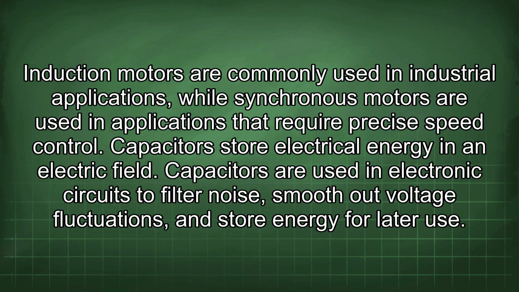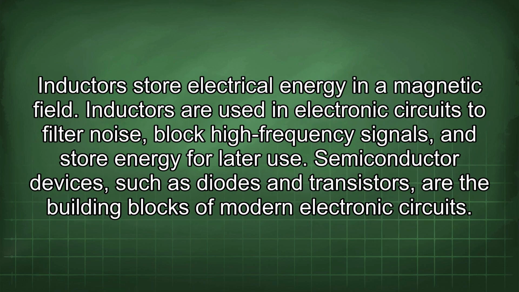Capacitors store electrical energy in an electric field. Capacitors are used in electronic circuits to filter noise, smooth out voltage fluctuations, and store energy for later use. Inductors store electrical energy in a magnetic field. Inductors are used in electronic circuits to filter noise, block high-frequency signals, and store energy for later use.